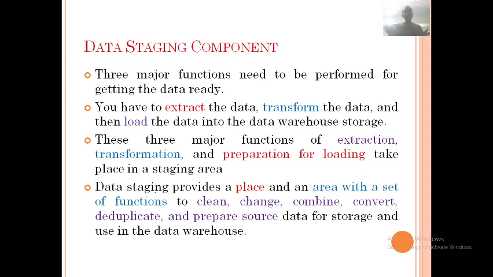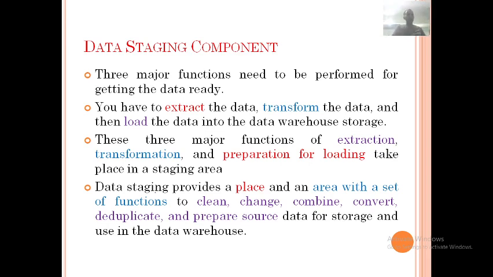After you have extracted the data from the various operational systems and from external sources, you have to prepare the data for storing in the data warehouse. In the previous example I told you we have 10 branches of Big Bazaar in different cities.